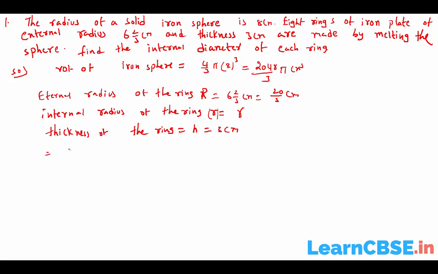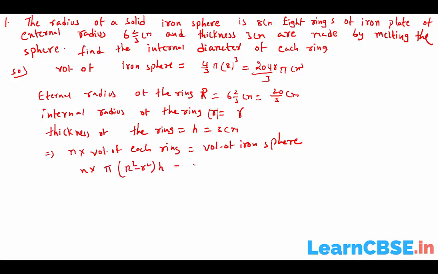Therefore N into volume of each ring equals volume of iron sphere. That means N into pi, capital R square minus small r square, into H equals 2048 by 3 pi.